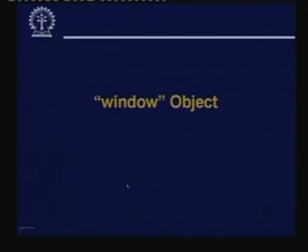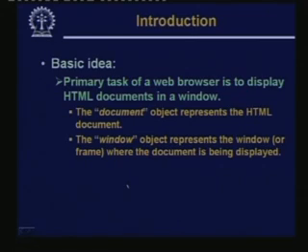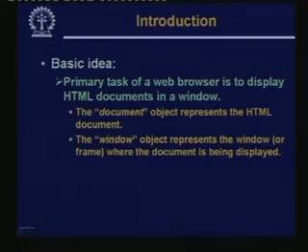This is the most basic kind of object, and the primary task of a web browser, as I had said, is to display HTML documents in a window. So, actually when you display an HTML document in a window, there are two things: what is being displayed, and where it is being displayed.